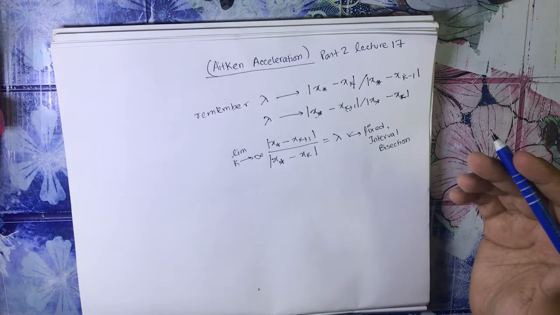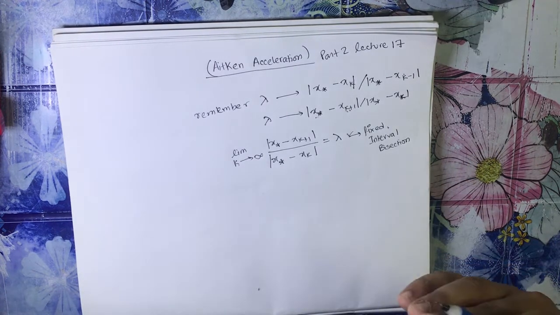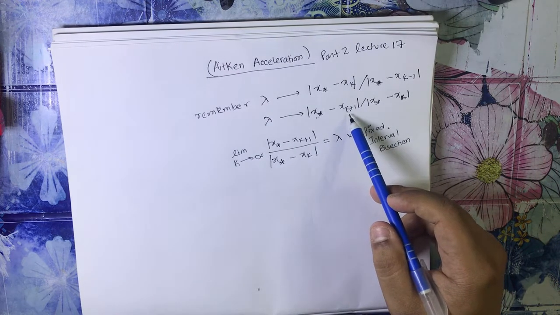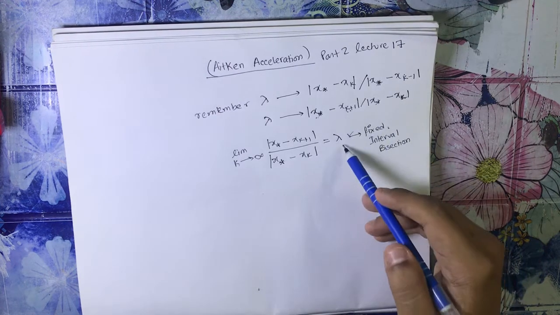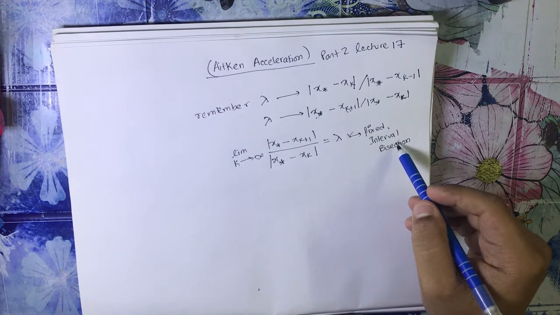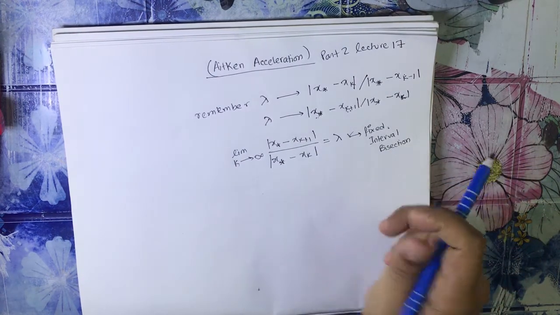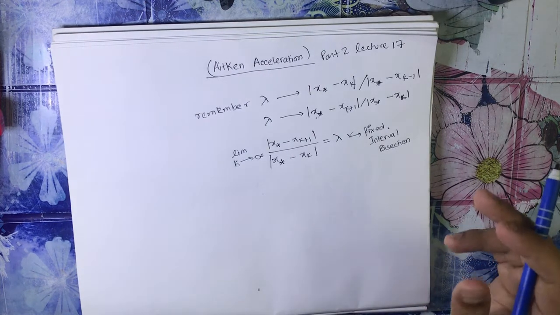So how far I am from the root at my current step divided by how far I am from the root at my previous step gives us our lambda, which is fixed at interval bisection. So we can say the lambda is constant and it's fixed.